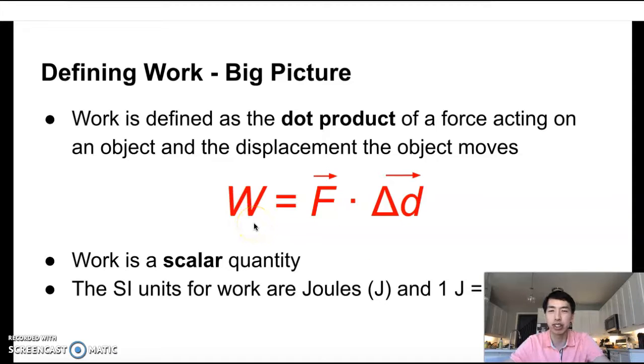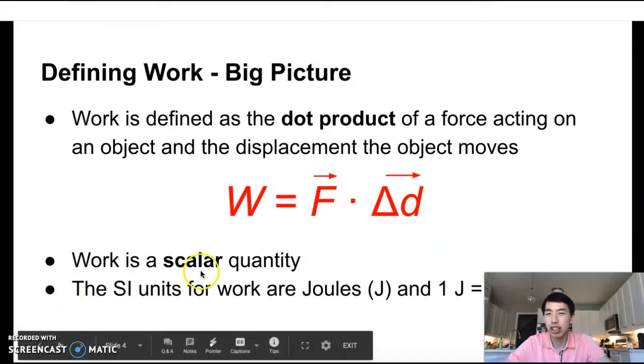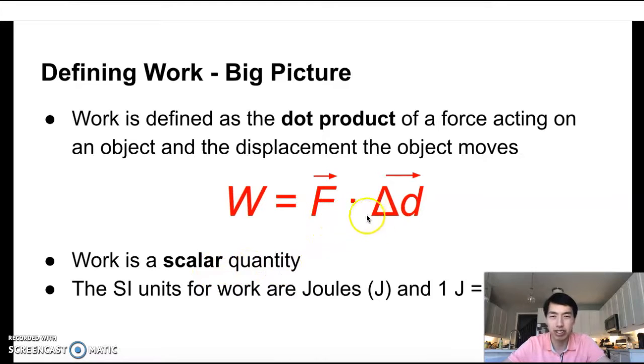Our new topic has this formula. It's the dot product between force and displacement. Another way to say this is force dot displacement, or F dot D for short. Now, work is a scalar quantity, and that may seem strange to you because these two are vectors and we're multiplying them together.